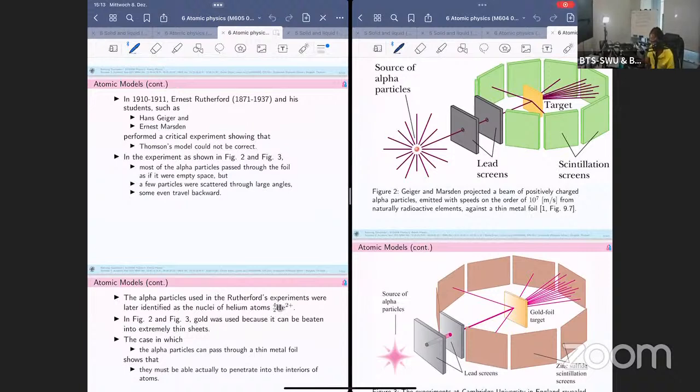The 2 is the number of protons, and 4 is the number of protons plus neutrons, so you have 2 neutrons. And the 2 plus on the right side means you throw away the electrons from this atom, so you would have only an unstable state of the atom. That's called an alpha particle.